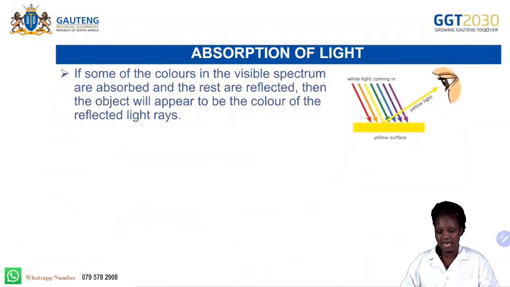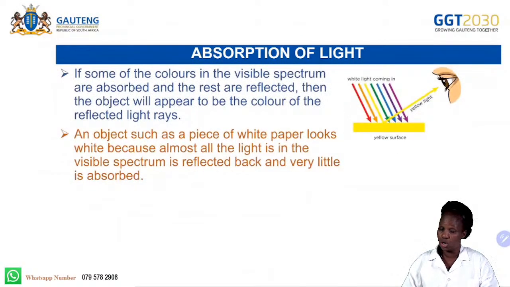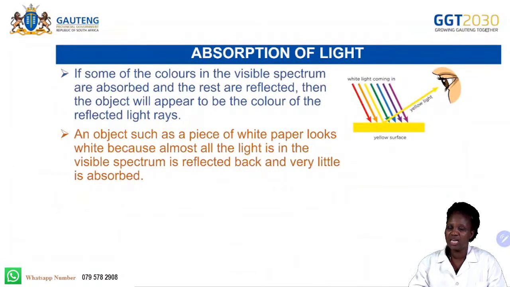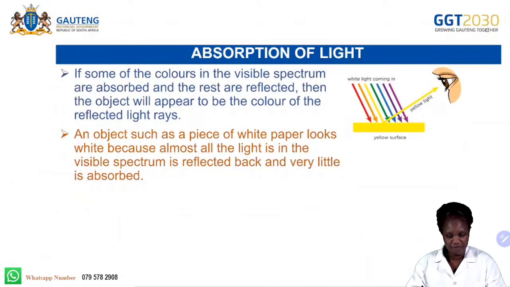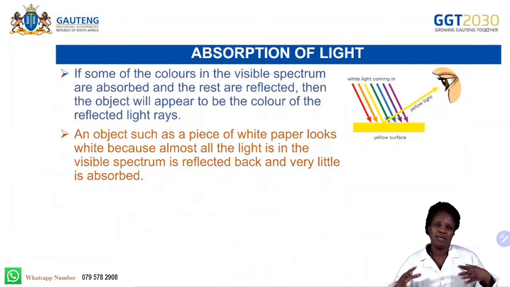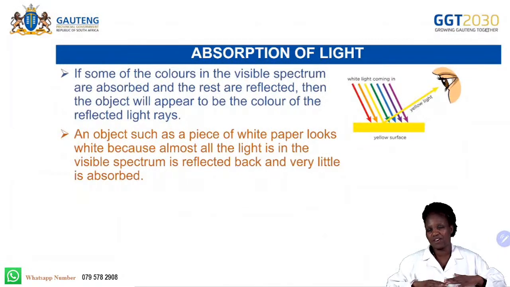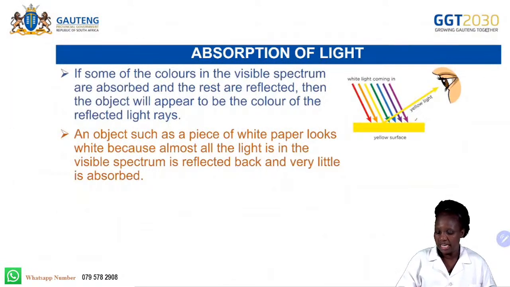If some of the colors in the visible spectrum are absorbed and the rest are reflected, then the object will appear to be the color of the reflected light. Okay, what do you mean there? Let's say you've got different surfaces. For example, here we are given a yellow surface.